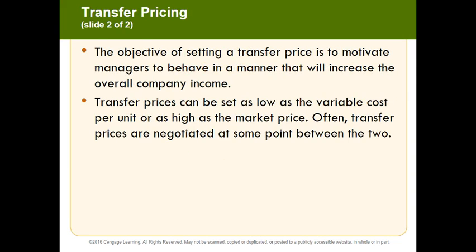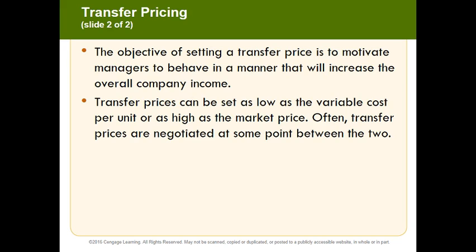The objective of setting this transfer price is to motivate the managers to behave in a manner that will increase overall company income. So if Division A has an item that you need, it is in their favor to provide it to you. However, we don't know what that specific price would be at this time.